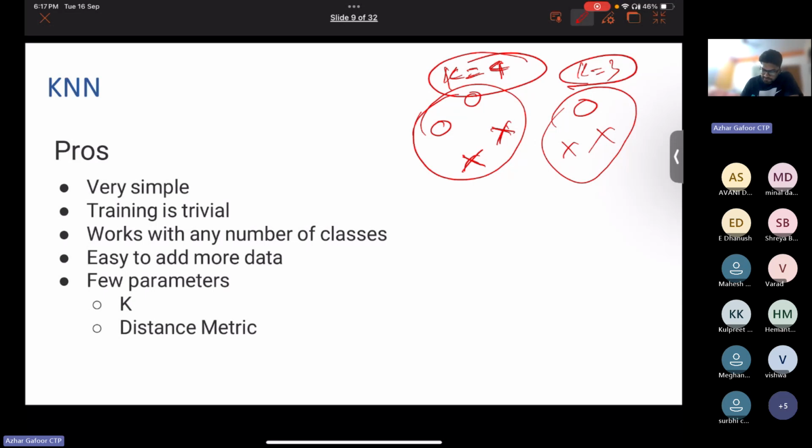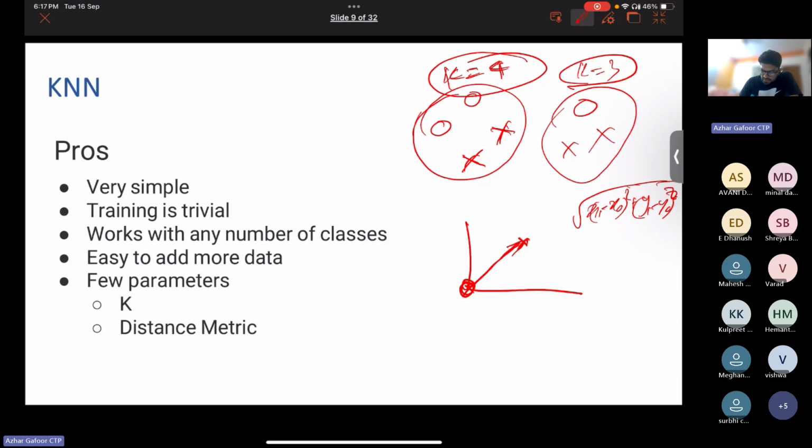So maybe we can use, let's say, if this is a point and this is our reference point, there are a lot of methods to find the distance. So maybe we can use the Euclidean distance, that is the square root of (x1 minus x naught) whole square plus (y1 minus y naught) whole square, or we can use the Manhattan distance.